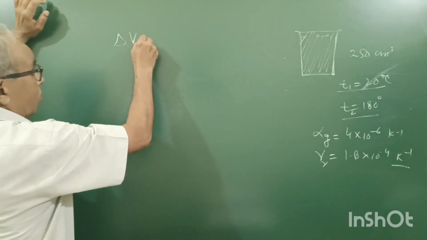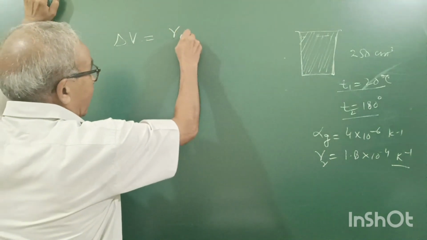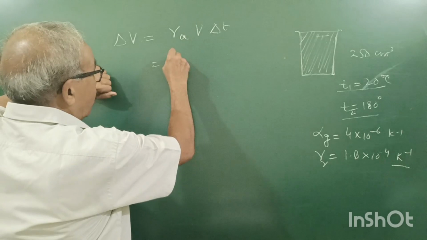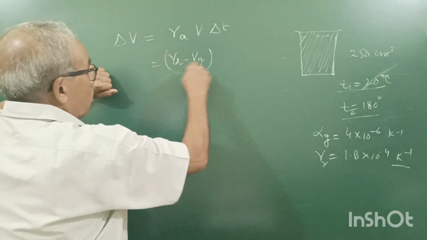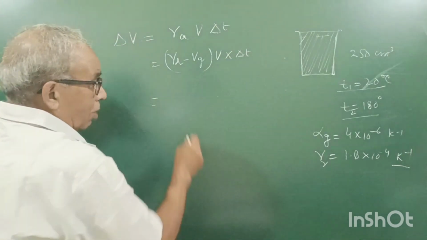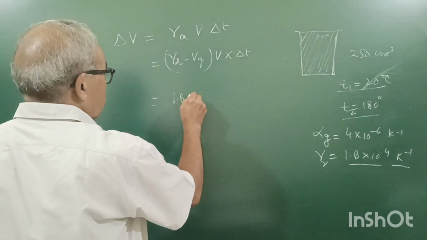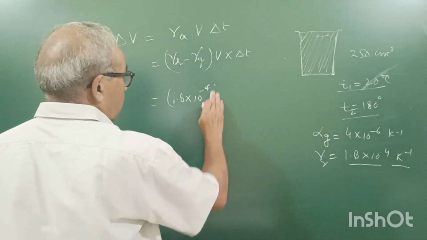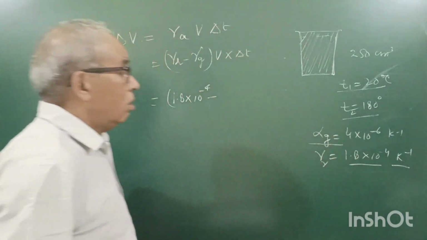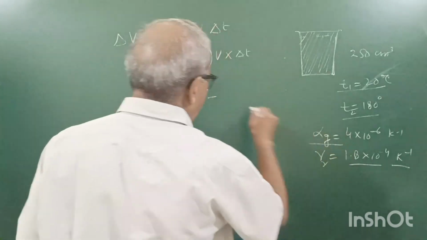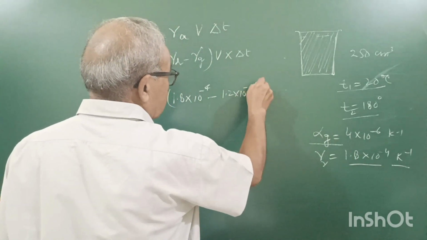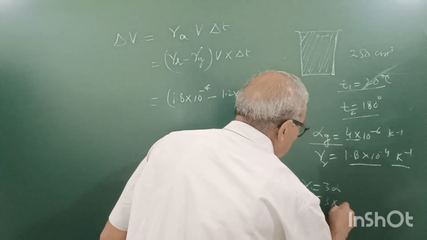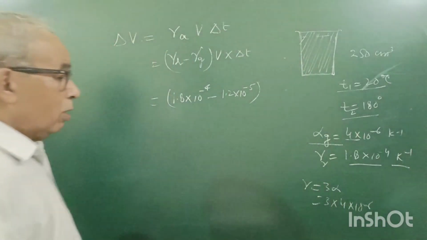That delta V will be equal to gamma apparent into V delta T. Gamma apparent means gamma real minus gamma G, into V into delta T. Gamma real is 1.8 × 10⁻⁴. For glass, alpha G is given, and gamma equals 3 alpha, so 3 × 4 × 10⁻⁶ is 1.2 × 10⁻⁵.